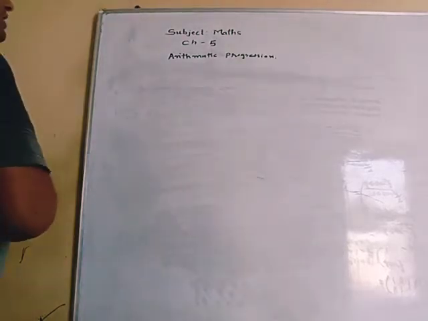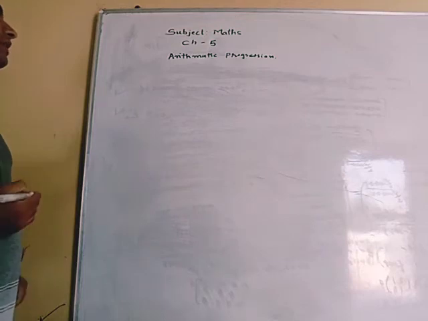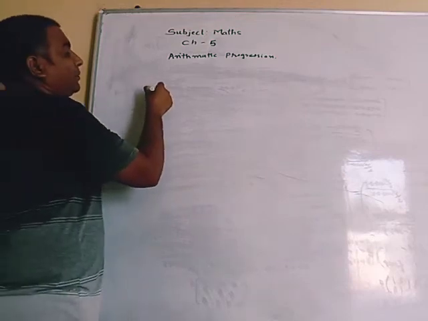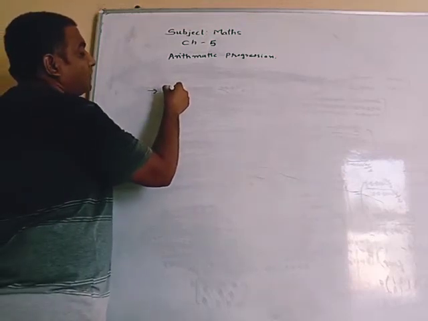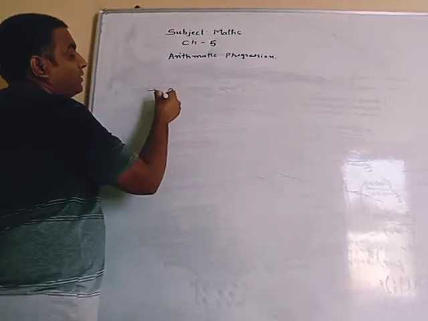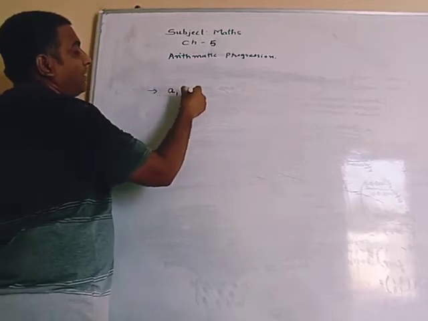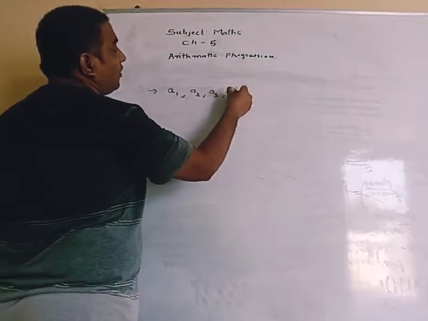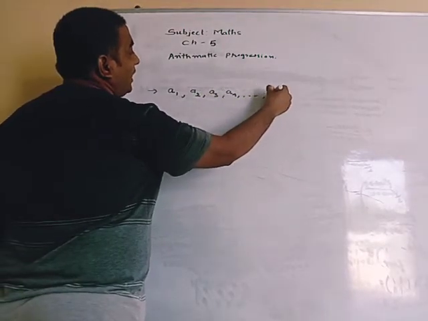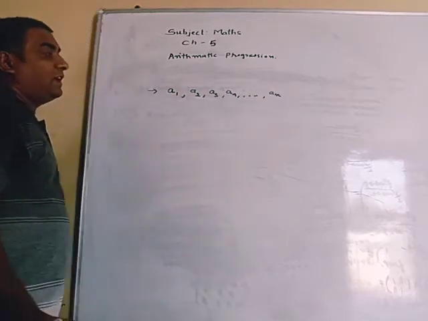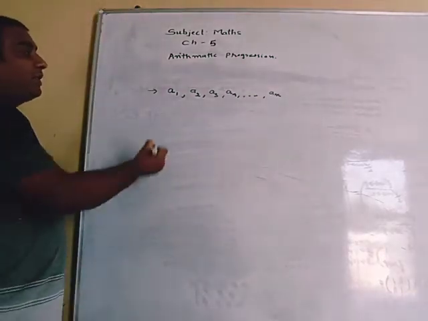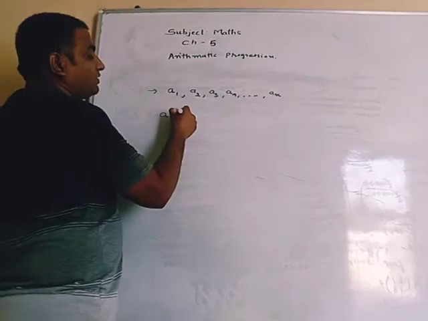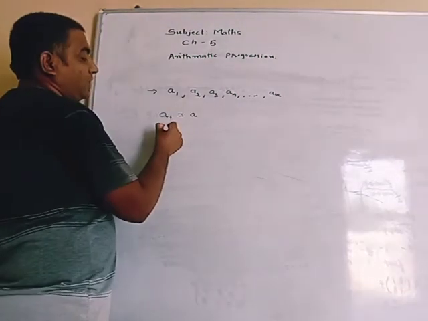Now we see the general form of an AP. As we know, the first term is a. If we write the terms of an AP as a1, a2, a3, a4, up to an, then the first term a1 is denoted by a.